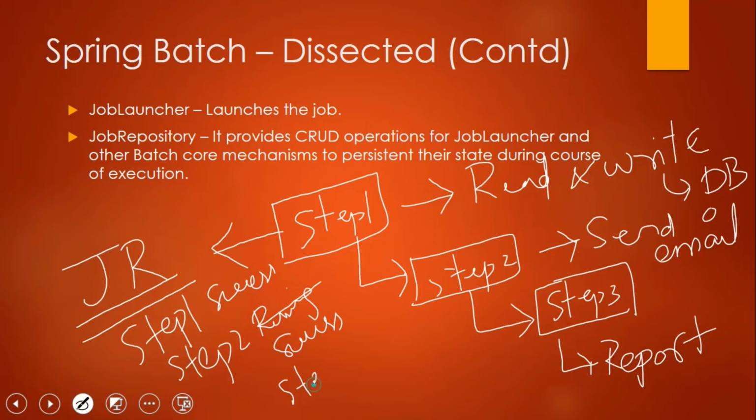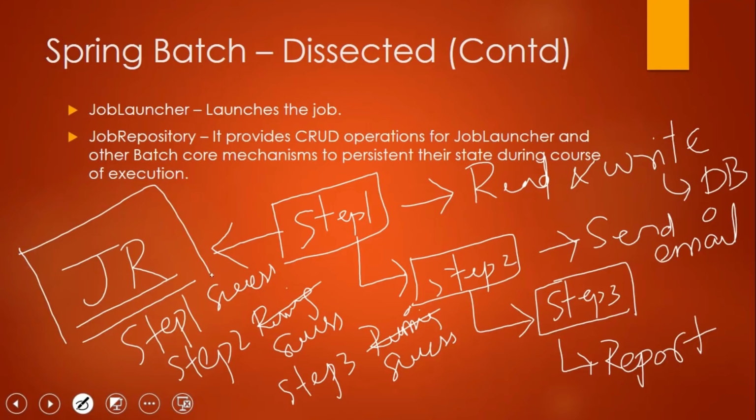And coming to the last step, step 3, it will be updated as running. Once step 3 completes running, the status will be updated to either success or failure, depending upon the execution of the step. Assume it is successfully run, so the step 3 status is updated as success. So this piece of information, what exactly is happening in your steps, you can find under job repository.